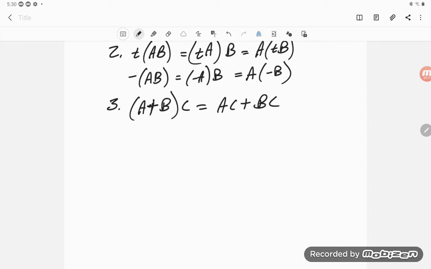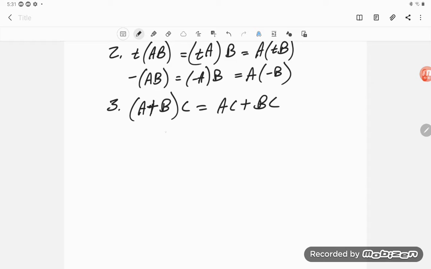So A and B have to be exactly the same size in order to add them, and then C has to have the right dimension to match up with the sum in order to do the product. But as long as that's the case, we're all set.